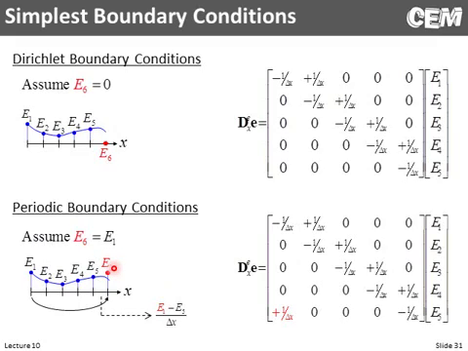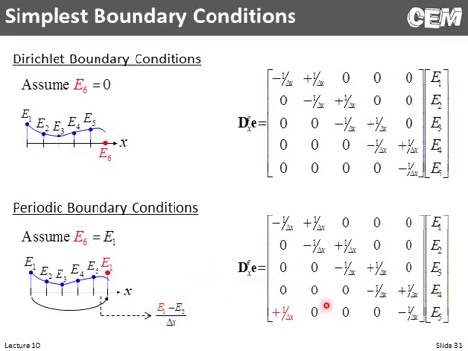And that we would call our periodic boundary condition. So in fact, for this last point where we're calculating the derivative and we need E sub 6, we did have a finite difference equation that said E sub 6 minus E sub 5, but we'll just say E sub 1 instead of E sub 6.